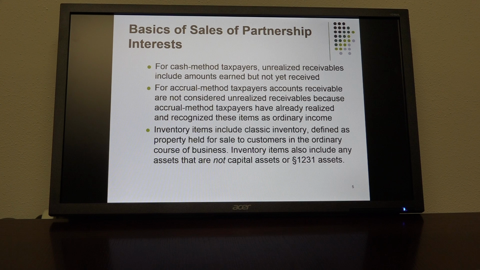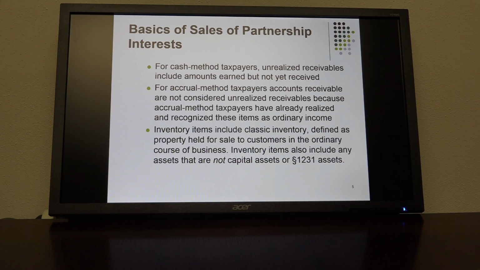But when you have ordinary income assets like this, these hot assets, a portion of that gain or loss will be attributable to hot assets, ordinary income assets. So you have to determine which is ordinary income and which is capital. And so that's why we're having to do this.